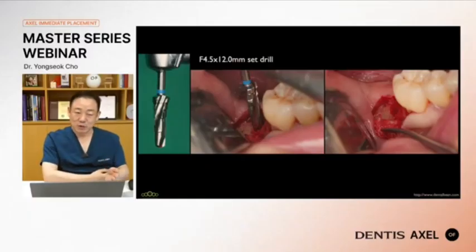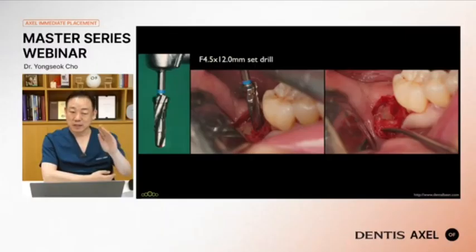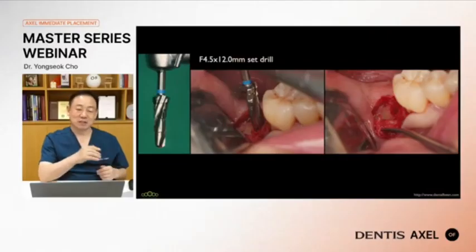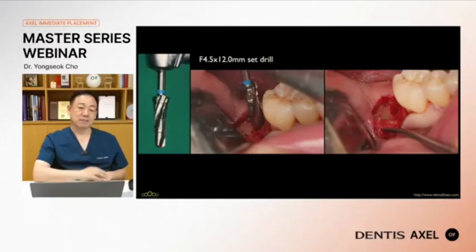When you just prep the osteotomy with an 8 millimeter stopper drill, you cannot place a 7.5 implant because the buccal bone is lowly positioned, and the implant thread will be exposed. Then you have to do GBR to cover the exposed thread. That makes surgery very complex. To make it simple, better to use a long drill like this.